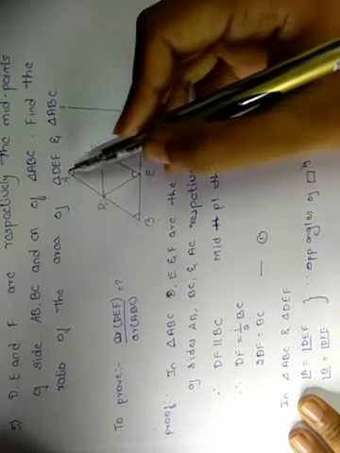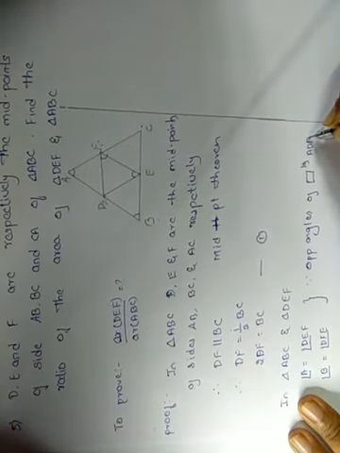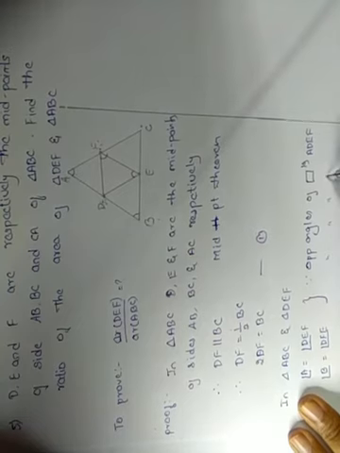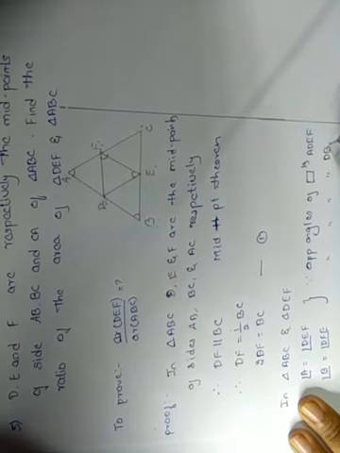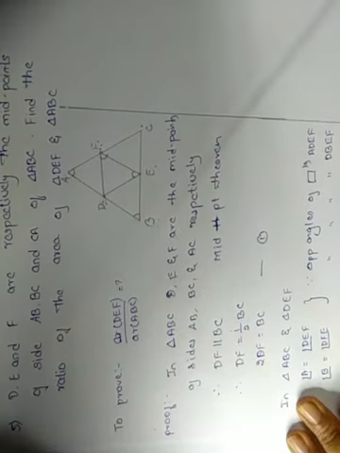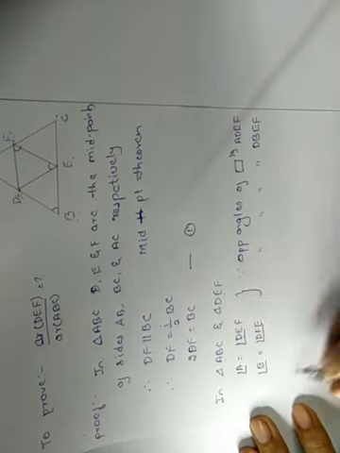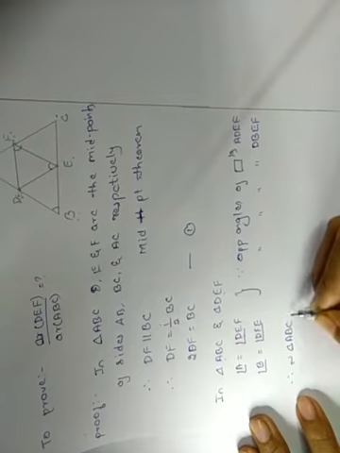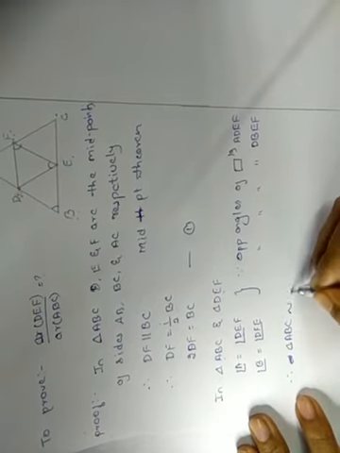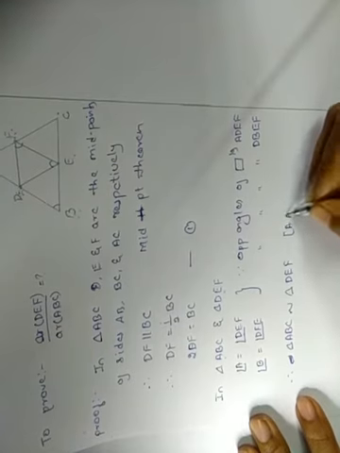This is the angle of parallelogram ADEF, right? And this is the opposite angle of parallelogram DBEF. Now we can say that these two triangles are similar here, right? So therefore triangle ABC is similar to triangle DEF, by angle similarity.